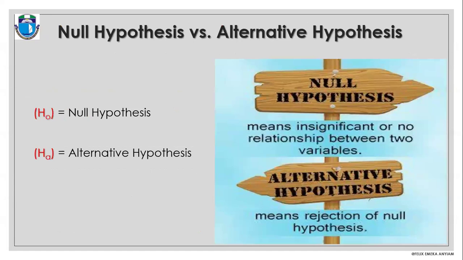And the hypothesis testing could either be a null hypothesis or an alternate hypothesis. The null is usually the state where there's no association before you carry out the research. So if we use the example that I gave, which is age and noise-induced hearing loss, our null hypothesis could be there is no association, there's no significant difference between age of the participant or respondent and them being susceptible to noise-induced hearing loss.